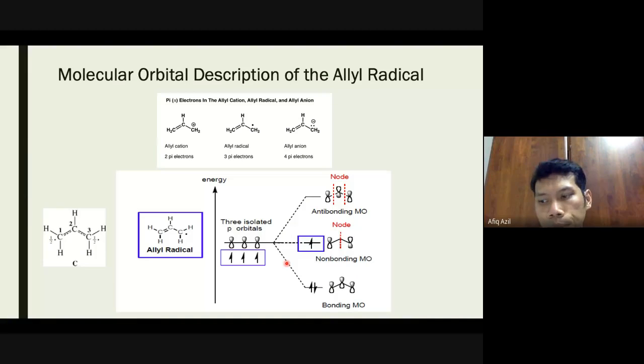So this is the molecular orbital description of the allyl radical. Don't worry too much about this because you have not learned the basics of MO. But I just want to show you how the electrons actually are. Here we have the allyl cation, allyl radical, and allyl anion, and how many pi electrons each contains. The cation contains 2 pi electrons, and the radical contains 3 pi electrons.